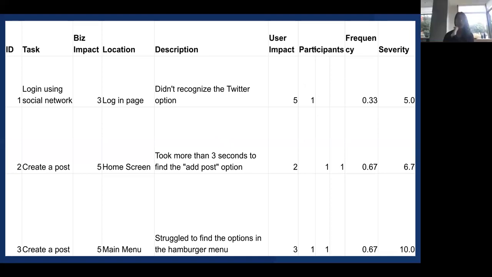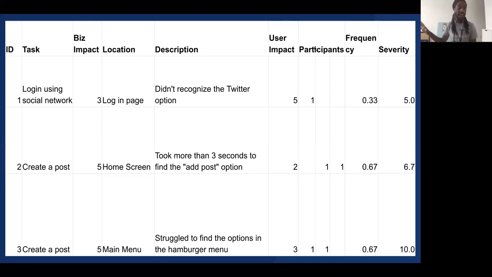And did you say that for the user impact, you come up with the number? Right. Yeah, so on a scale of 1 to 5, 1 being it minimally impacts your user, and 5 being it's an actual blocker, like the user can't complete the task. Think back to when we did the paper prototypes and we had the user signing in using a mobile number, and I left off the submit button at the end.